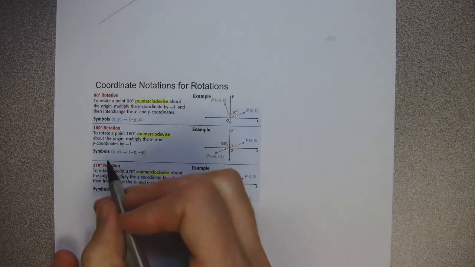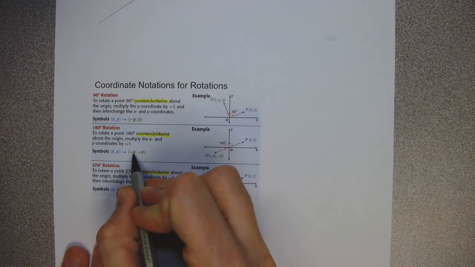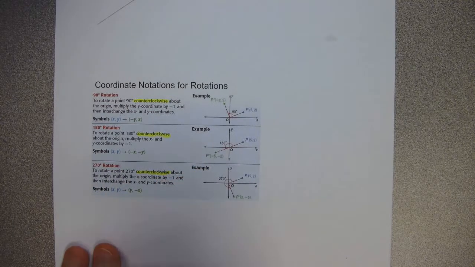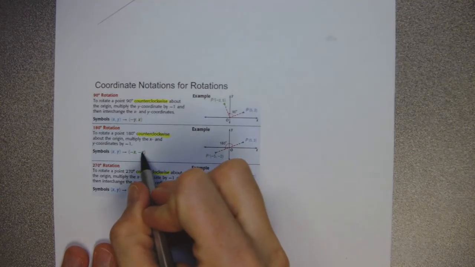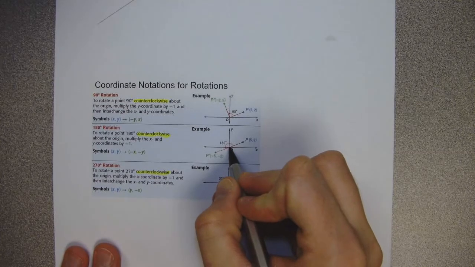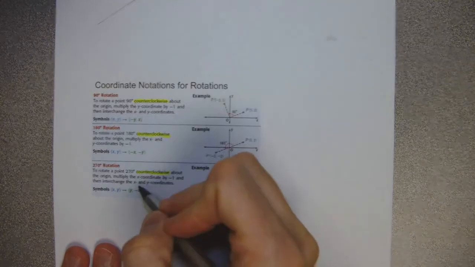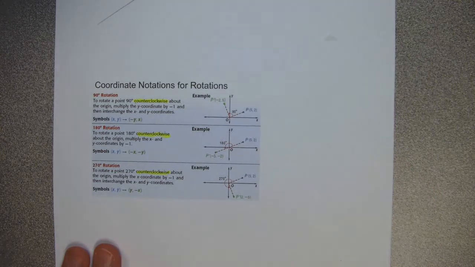So in other words, we would read it as our original coordinates here at x, y maps onto opposite x, opposite y. And that's going to let us go that full 180. Notice this also is the same coordinate notation for a mirror image through the origin. All right, and notice for all of these, they are centered at the origin. So that's that point of rotation.